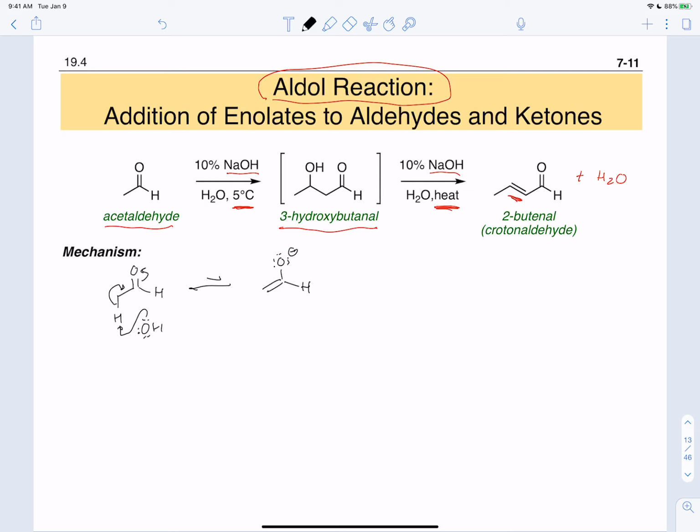As we just learned, these enolates are reactive at carbon, and in solution we have an aldehyde that is also reactive, only now it's going to be electrophilic. So we have our good nucleophile that's negatively charged and quite reactive, paired with an electrophile.